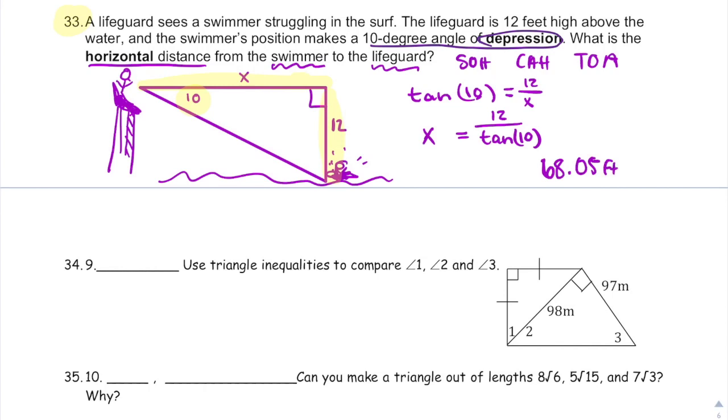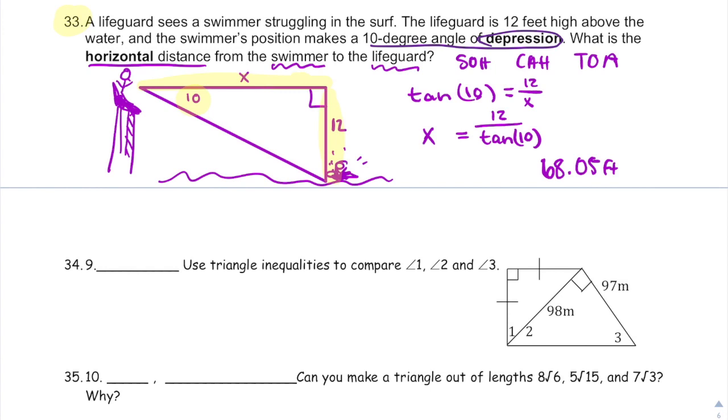He's 68.05 feet away. So if that swimmer is drowning, that lifeguard's going to have to swim 22 yards over to get that swimmer. Or 68 feet, which is a bunch of feet.